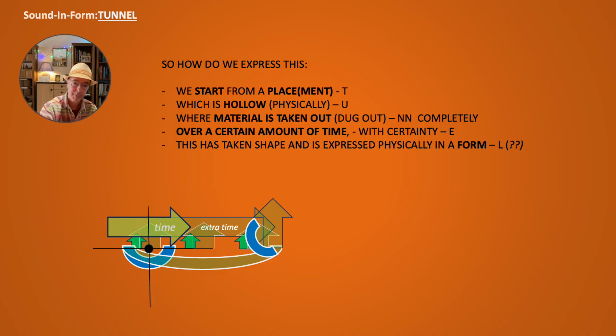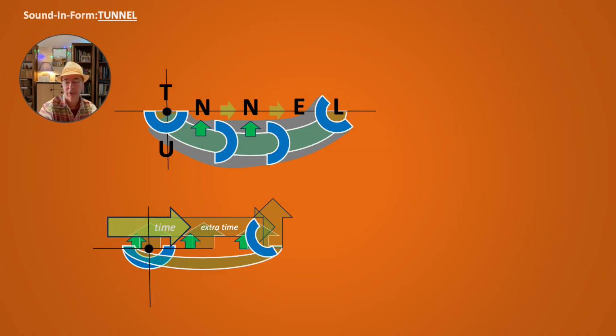So how shall we express it? It should actually not be too difficult. Here are the letters recognizable. So you start from T, that position in space where you see I recognize something that is different. This difference has a hollowness where the material has been taken out at some time, taken out again and then again.